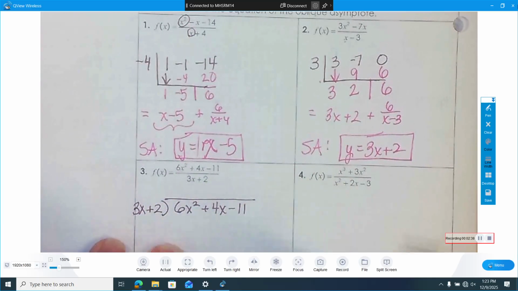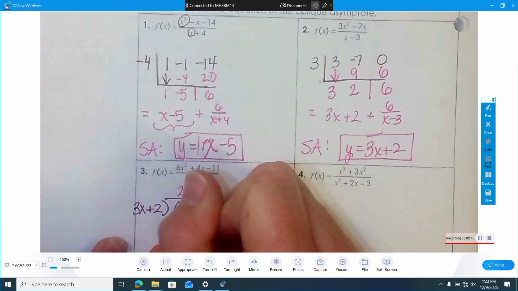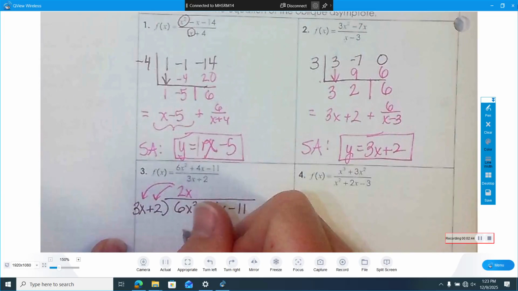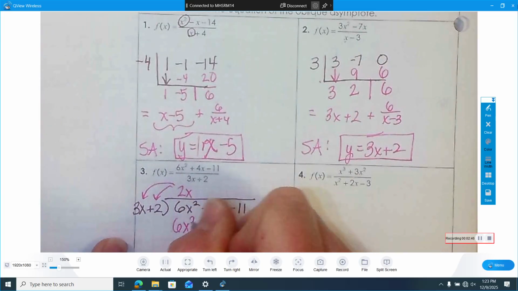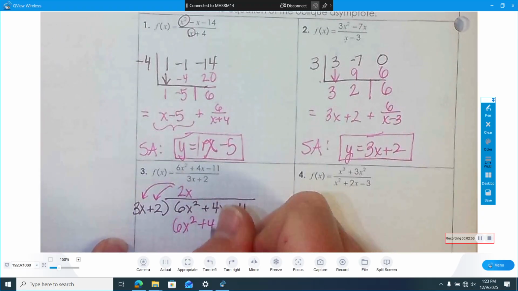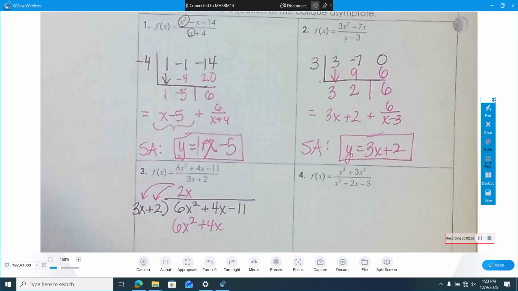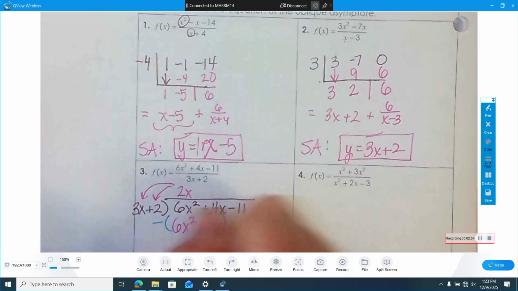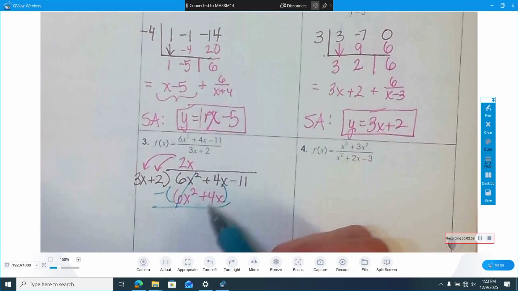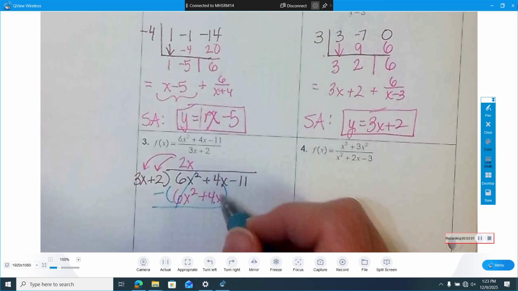What times 3x gives me 6x squared? 2x. So then we have to distribute that 2x. So 2x times 3x is 6x squared, and 2x times 2 is 4x. And then we need to subtract everything. 6x squared minus 6x squared is 0. 4x minus 4x is 0.